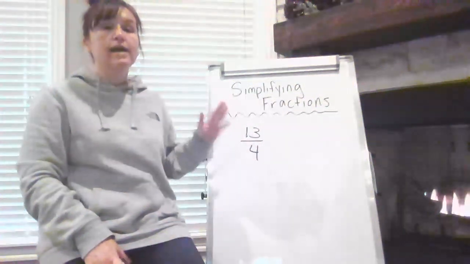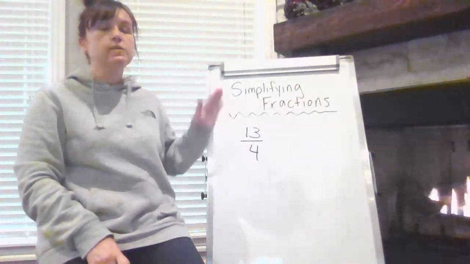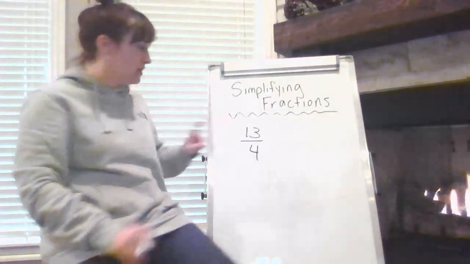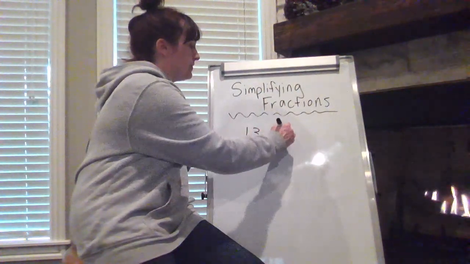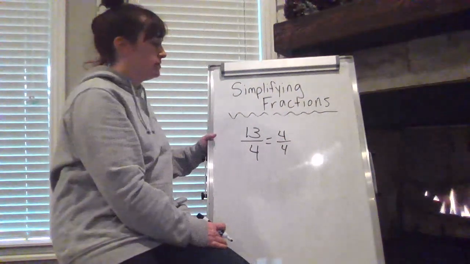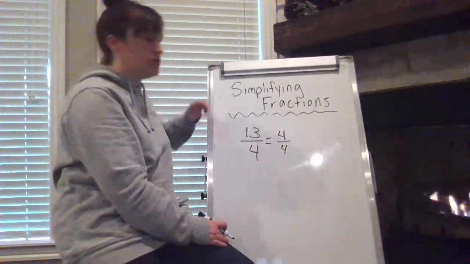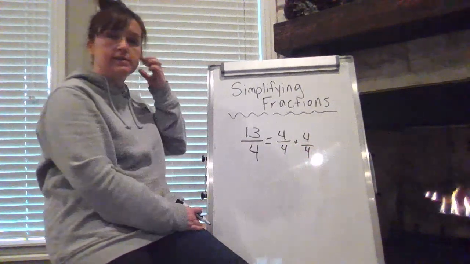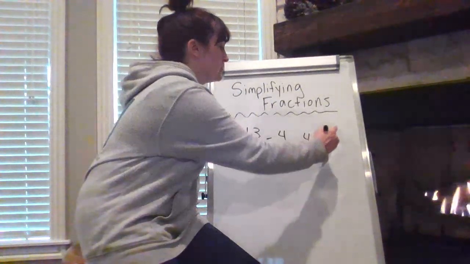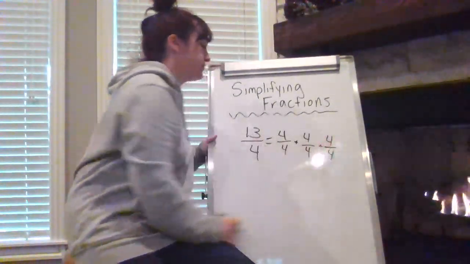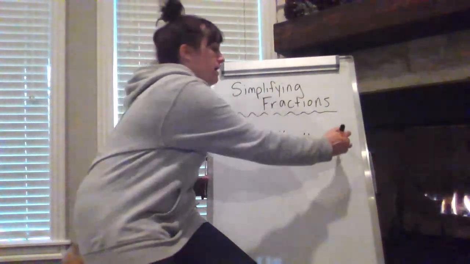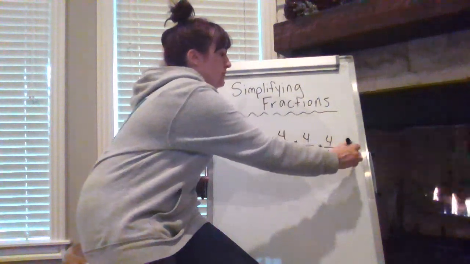So what I need to do is I need to pull out as many 4/4 as I have. Okay, so if I pull out, there's 1 4/4. Okay, so that makes this 9/4. There's 2 4/4. That would make this 5/4. And there's 3 4/4. Okay, so what do I have left if I take away 4, 8, 12? I have 1/4 left over.